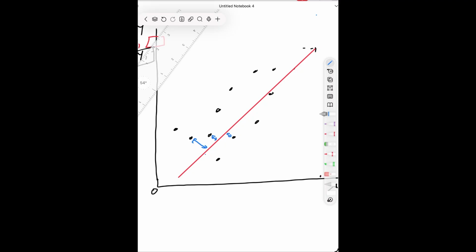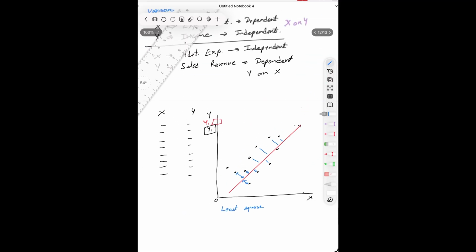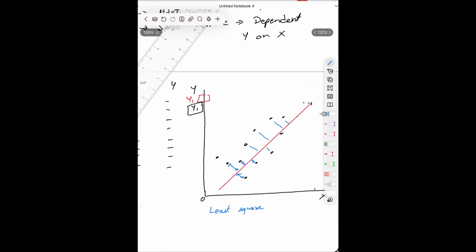So if the difference between the actual figure and the estimated line is being taken, we will always try to have least square. The square of these differences, when squared, should be minimum. And that is why this method is known as the method of least square.